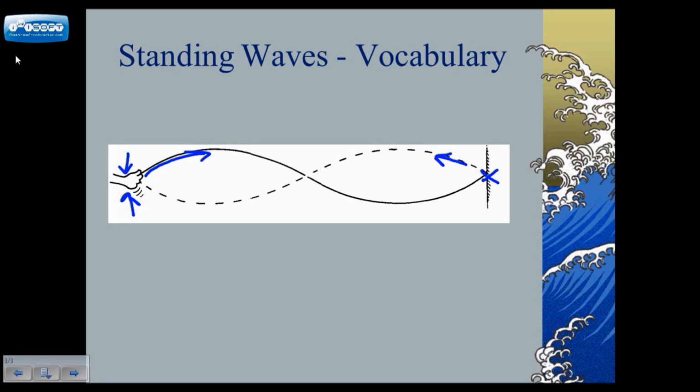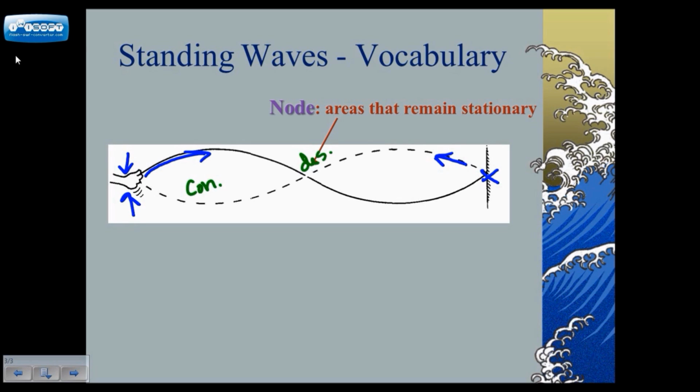And what we see are areas of constructive interference and destructive interference. The constructive interference creates an increase in amplitude, and the destructive interference creates a decrease in amplitude, or a cancellation in terms of this spot. So the first one is a node. Nodes are areas that remain stationary.